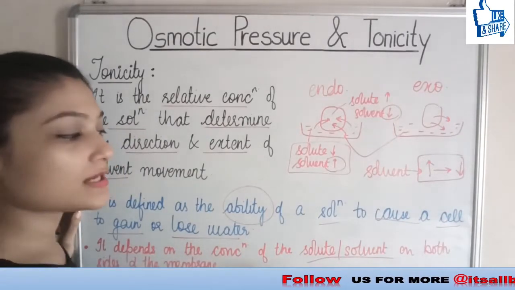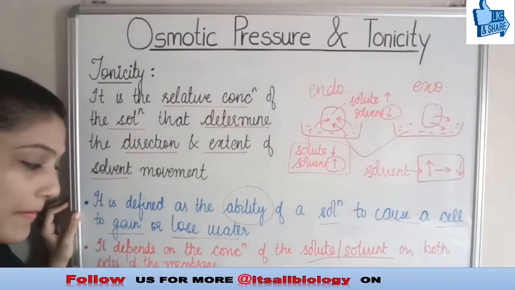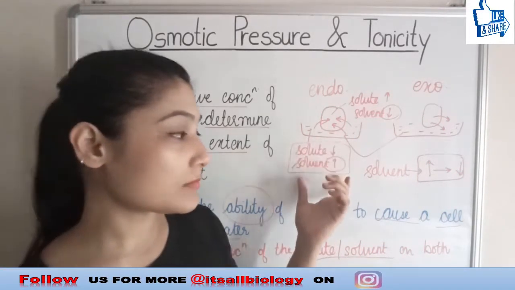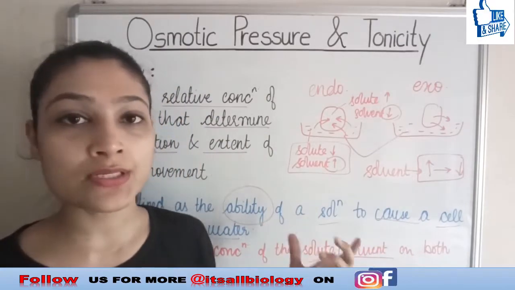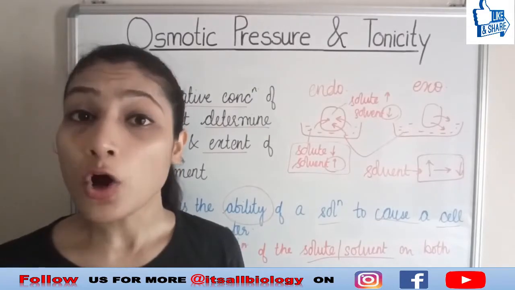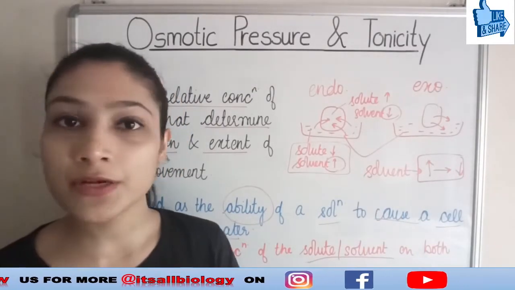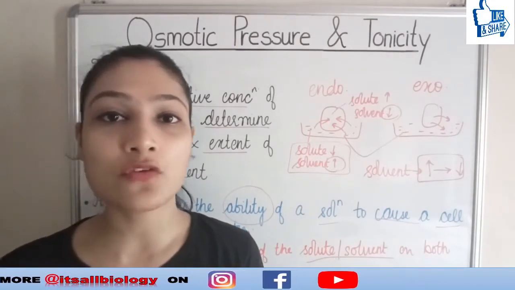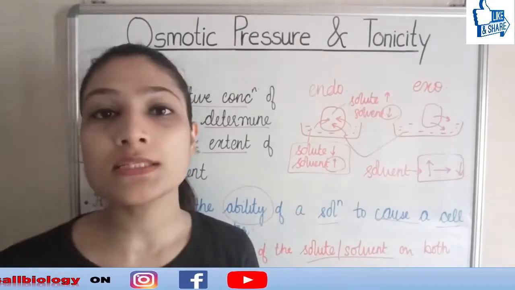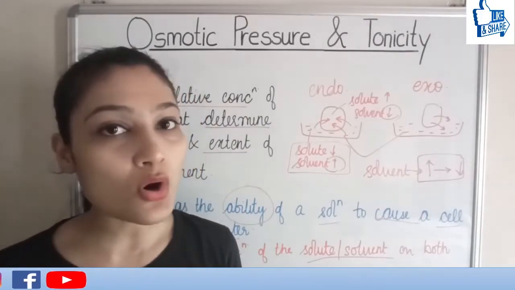It depends on the concentration of solute and solvent on both sides of the membrane. It is going to depend on what and how much solute and solvent is present. Now, based on the concentration of solute and solvent present inside and outside of a cell, this tonicity is divided into three parts. Let's now see what these parts are.